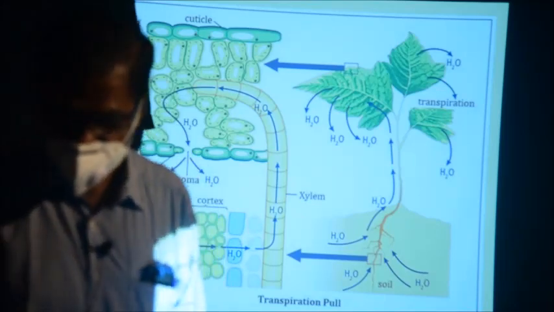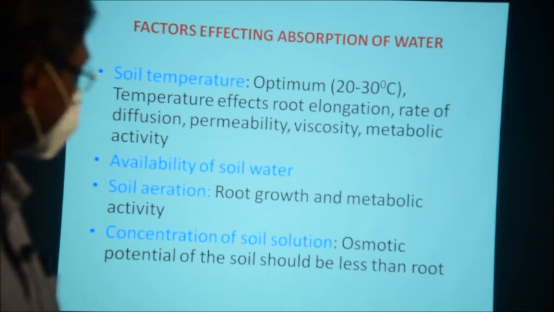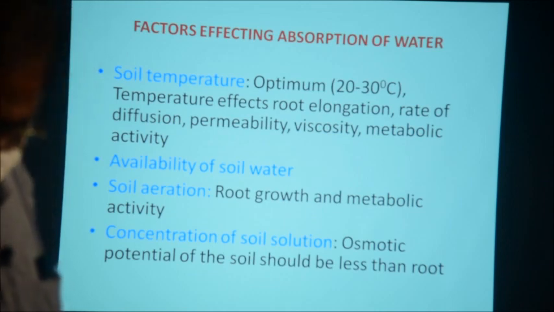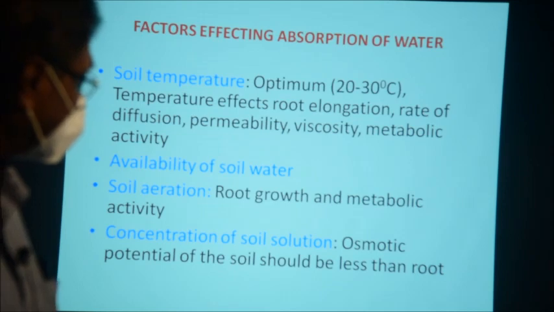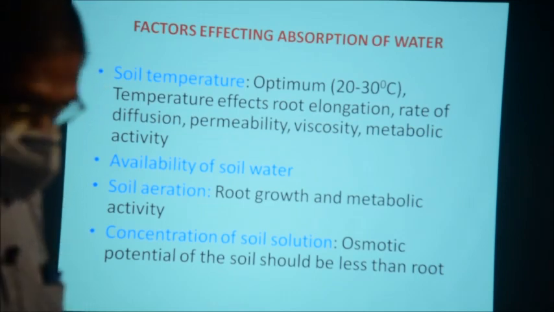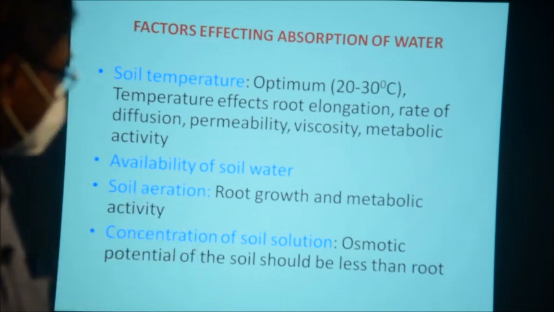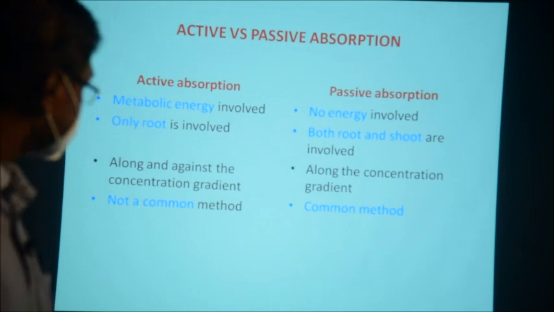This is a passive mechanism not involving any energy, and that is the major mechanism of transport of water. I am not discussing any factors here, you can read them for yourself.